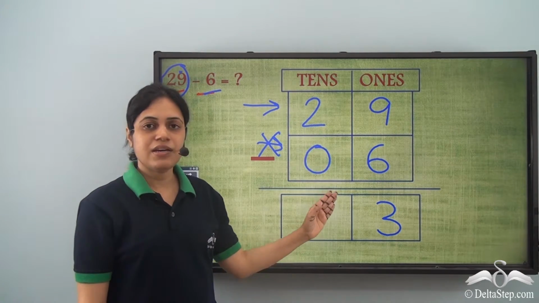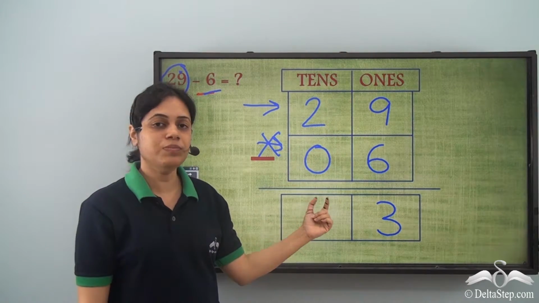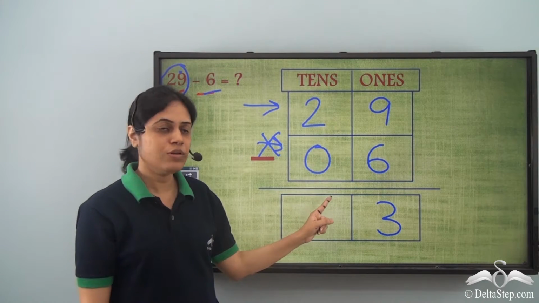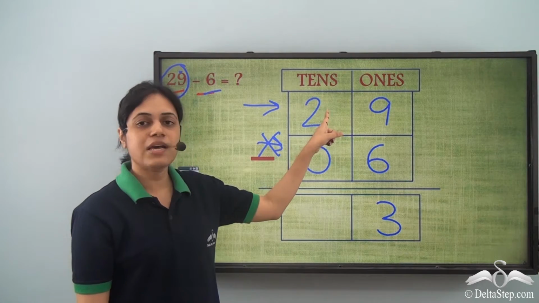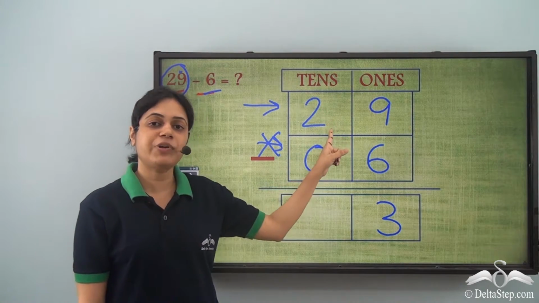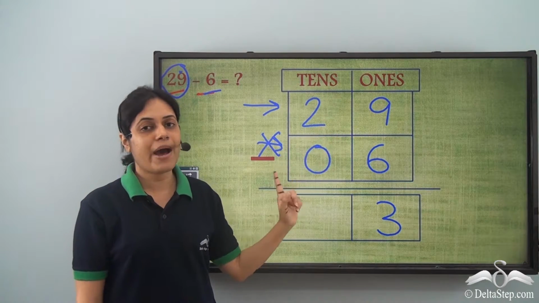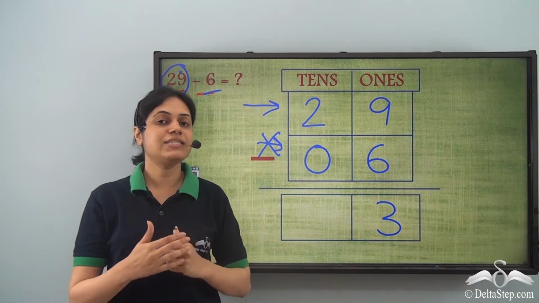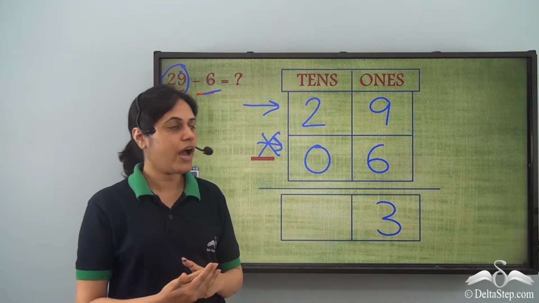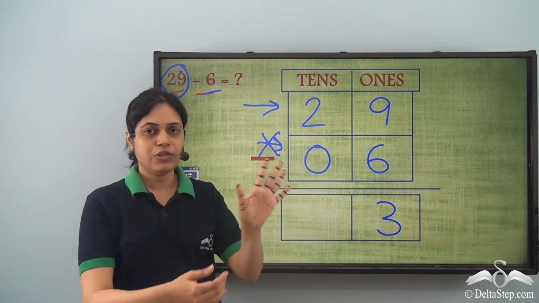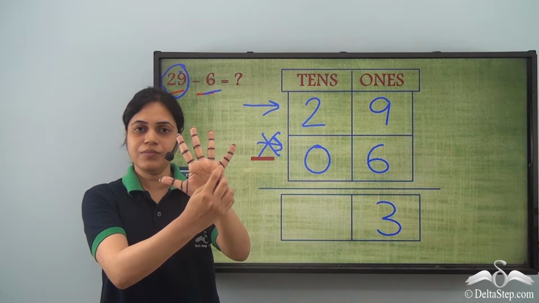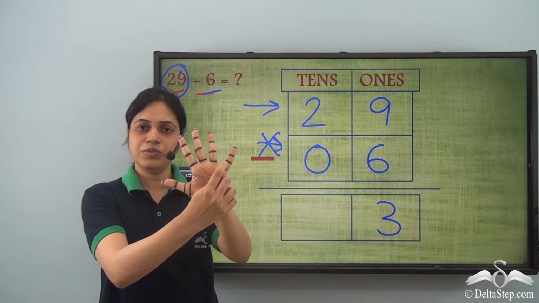And tens, what do we have in tens room? 2 and 0. So since 2 is at the top, I need to subtract 0 from 2. That is 2 minus 0. So I start after 0 and go on till 2. So I start with 1, 1, 2.